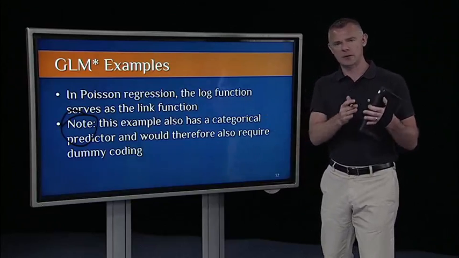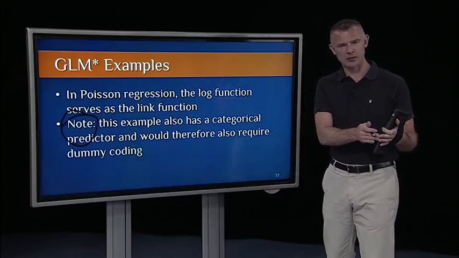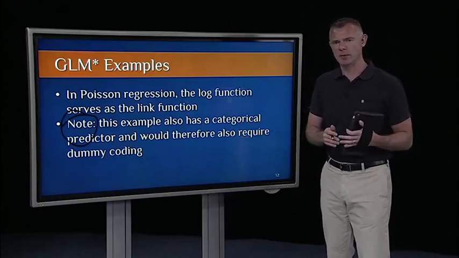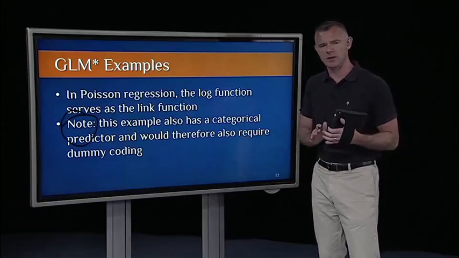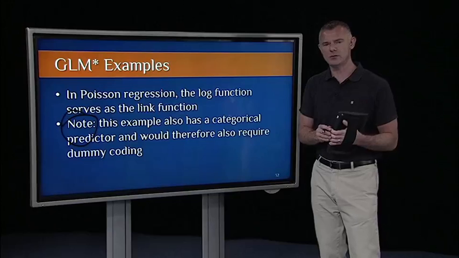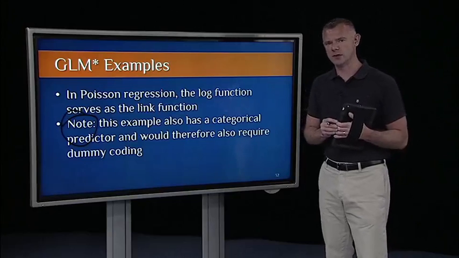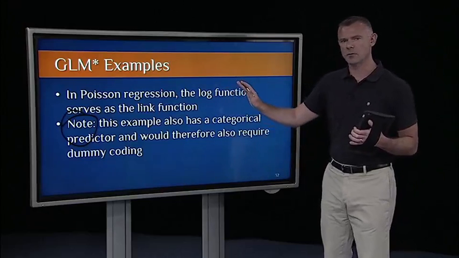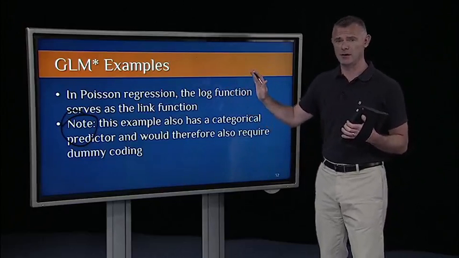We emphasized normal distributions in the outcome measure and linear relationships between the predictors and the outcome. But that's not necessarily going to be the case in all the data that you encounter. So just be aware that if you can't satisfy those assumptions, there are alternatives available to you. And they fall under this framework of the generalized linear model.